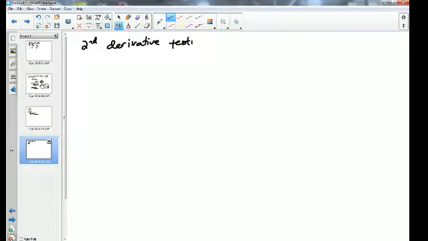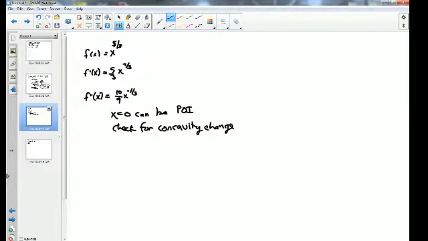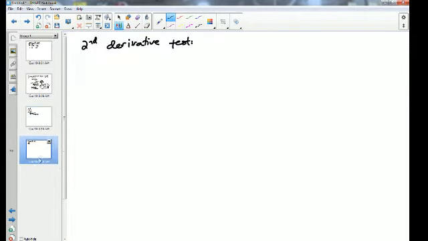Could you go back to the last page, please? Good. Okay, let's look at this function.